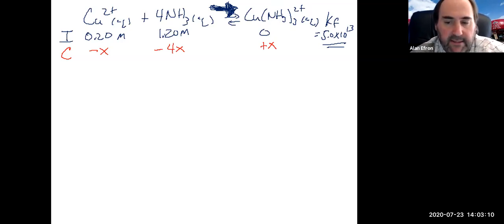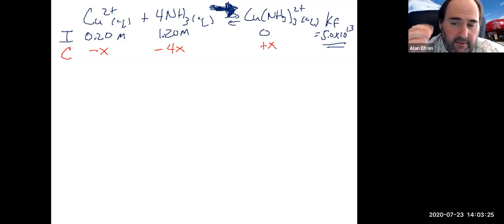So what that means in this particular case is we're going to assume that in order to make our product, the center part of what is our product is the metal. The metal is basically sitting in the middle of the complex ion. Because that K value is so large, we're going to assume that almost 100% of everything goes to our product side.